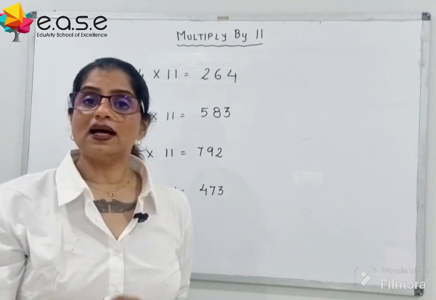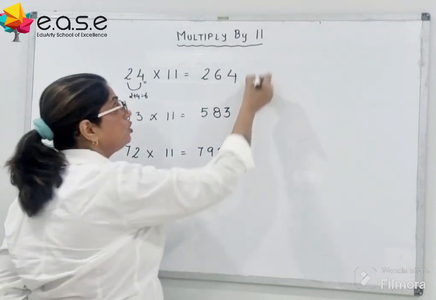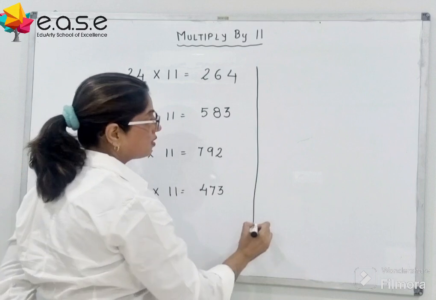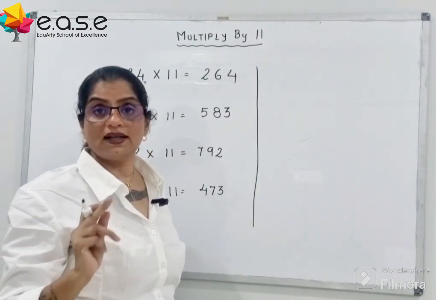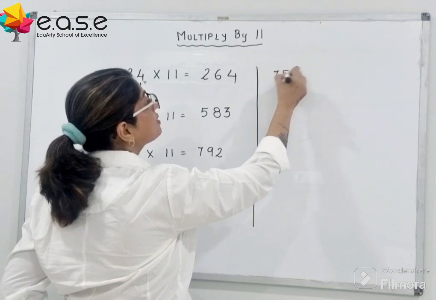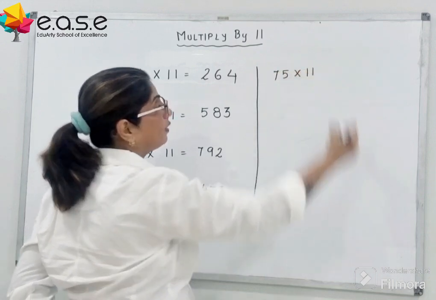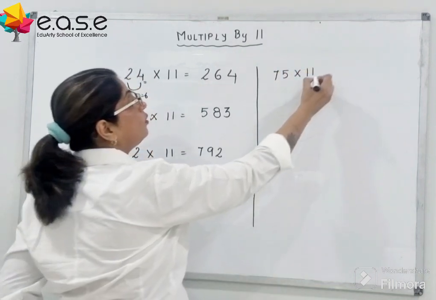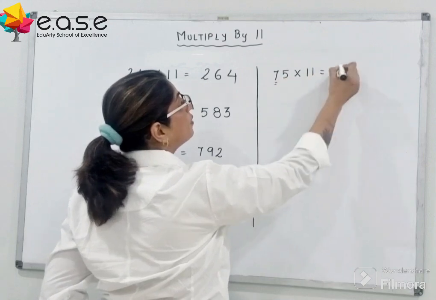Now, the challenge lies when the addition of these two numbers is more than a single digit. What does it mean? For example, you want to multiply 75 times 11. Getting it? So what are we going to do here? You write the 7.